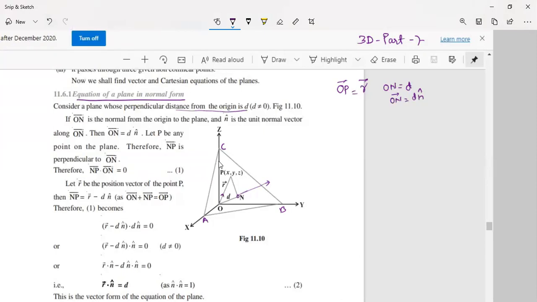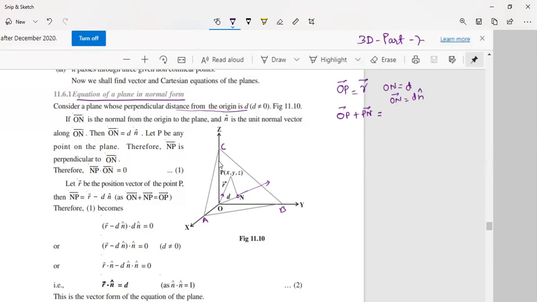If you see in this diagram, by the triangular law of addition, vector OP plus vector PN will be equal to ON. Generally we use the triangle law and dot product: A dot B is equal to 0 if A and B are perpendicular.